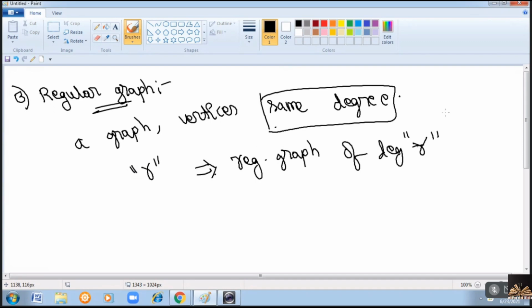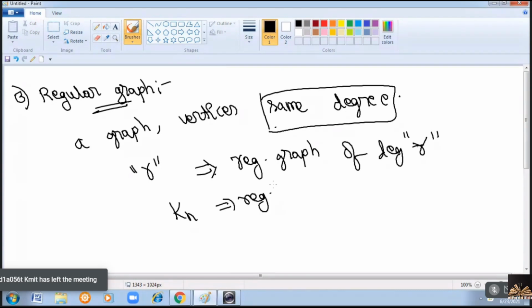Okay? Now, you can say this complete graph is a regular graph. Why? Because just now I told you, in a complete graph, the degree of all the vertices will be equal to n minus 1, which means the degree of all the vertices is the same. We have already calculated that, right?